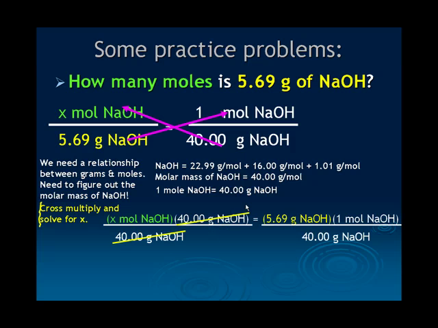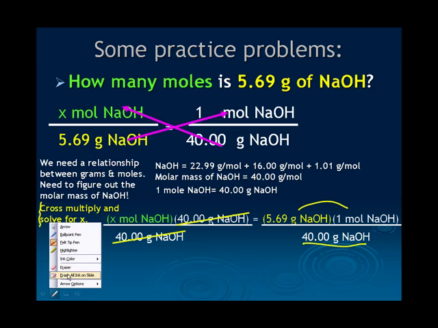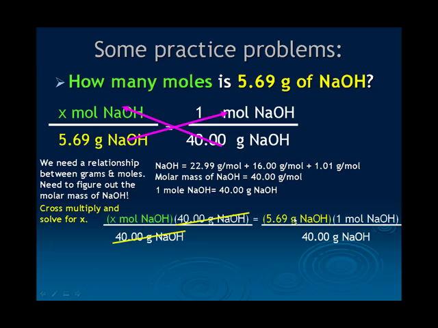Then the grams cancel out, and what remains is my math problem: 5.69 times 1 divided by 40.0. Multiply these two numbers, divide by the number on the bottom, and this is what it should show on your calculator.